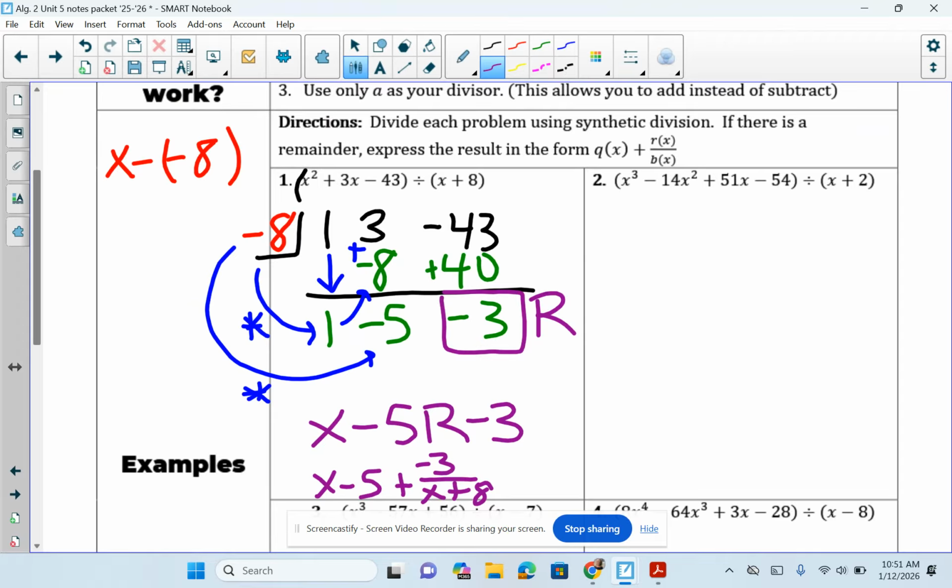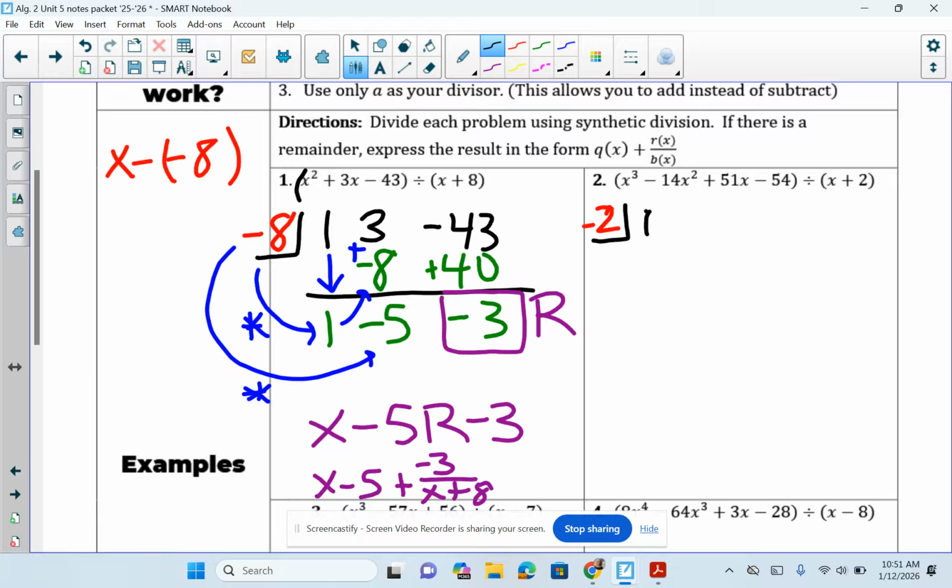All right, number 2. So what's going to go in the box on the outside of number 2? Negative 2. Okay, awesome. Always the opposite sign. Now I write down my coefficients. How many x cubes? 1.